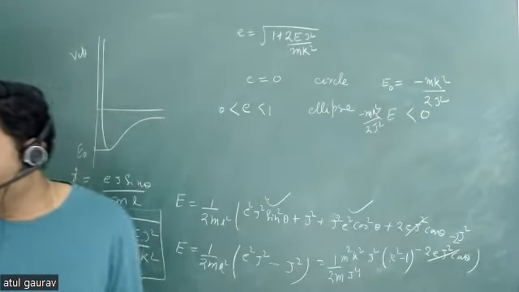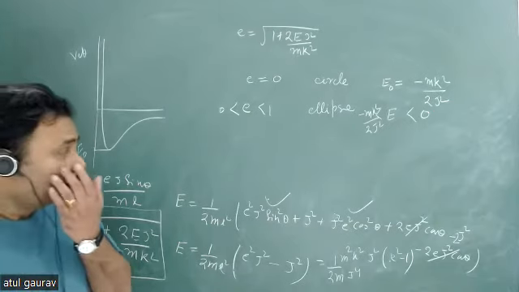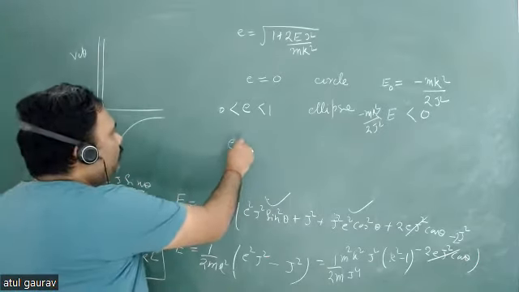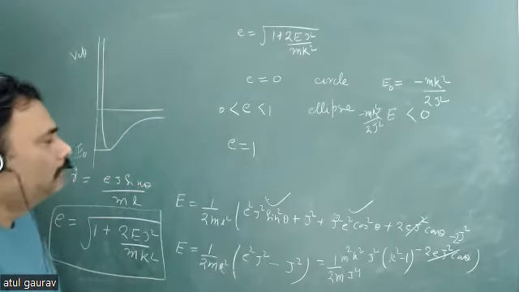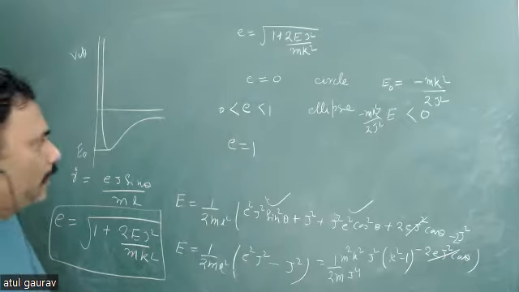Are you people happy? Yes or no? Yes, sir. And now E is equal to 1. What do you have? Parabola.